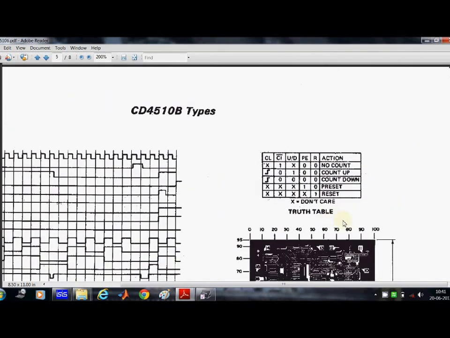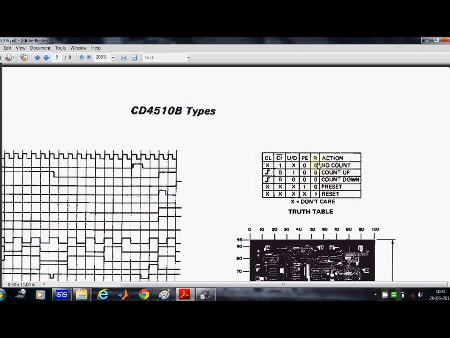This is the truth table for this IC. From this truth table, the whole circuit can be built very easily. You can see that unless we give the carry input pin logic 0, there is no counting, and unless we give a preset enable 0, there is also no counting.